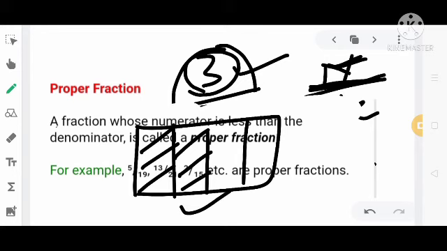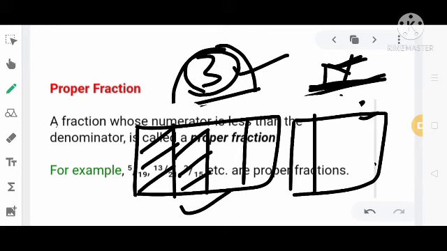But if I allow you to take 5 from them, you have a total of only 4 but you want to take 5. Is it possible? No, it is not possible. This represents a proper fraction, meaning the numerator is less than the denominator, and this is valid.